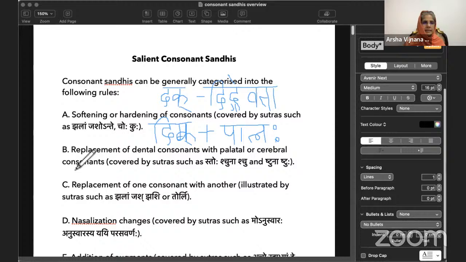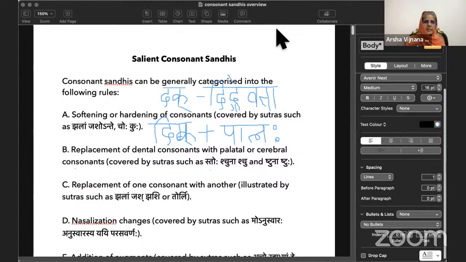Ramaha... Think of a better example. That's not the correct example here.